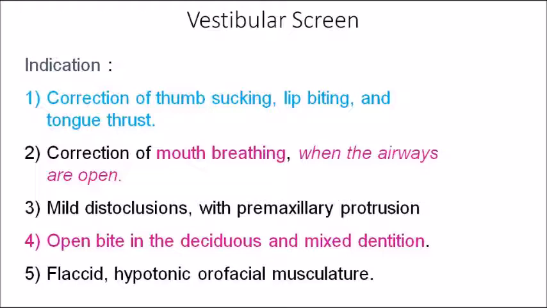It can also be used to correct mild class 2 or distal occlusion malocclusions with premaxillary protrusion, and open bite in the deciduous and mixed dentition. The other important criterion is when the musculature is flaccid and hypertonic.